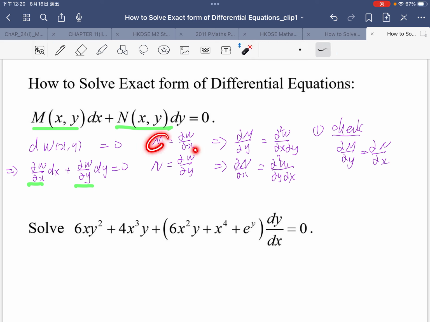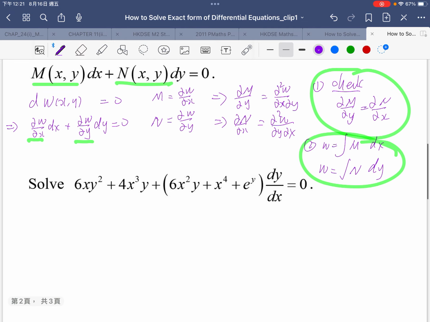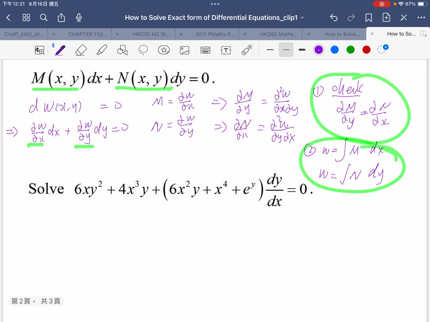Actually, we only need to integrate M with respect to x and check whether it is equal to integrating N with respect to y. Therefore, the second step is W is actually equal to the integral of M with respect to x, and W is the integral of N with respect to y. These are the two crucial steps to solve the exact form of differential equation.